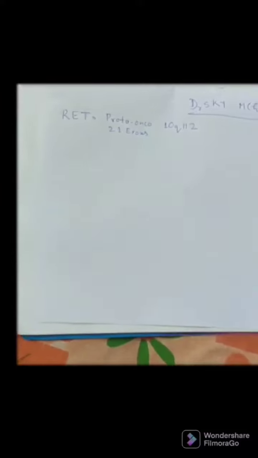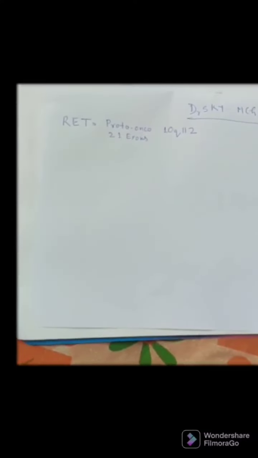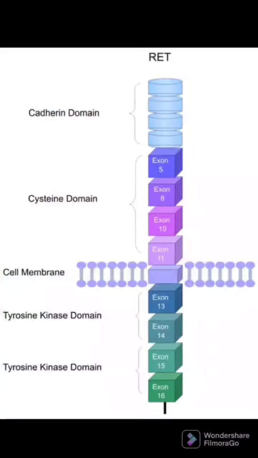Basically this oncogene has two domains. One is extracellular, one is intracellular. The intracellular domain is called the tyrosine kinase domain.